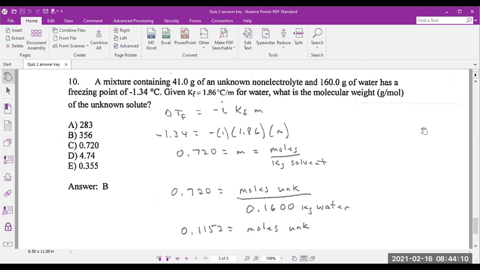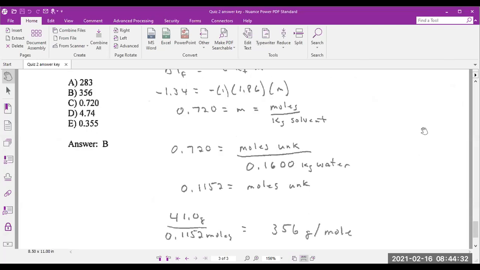So we solve for that molality value, and we get 0.720, but that's moles per kilogram of solvent. What we want to know is the molecular weight, which is grams per mole. We know the number of moles per kilogram of solvent is 0.720.